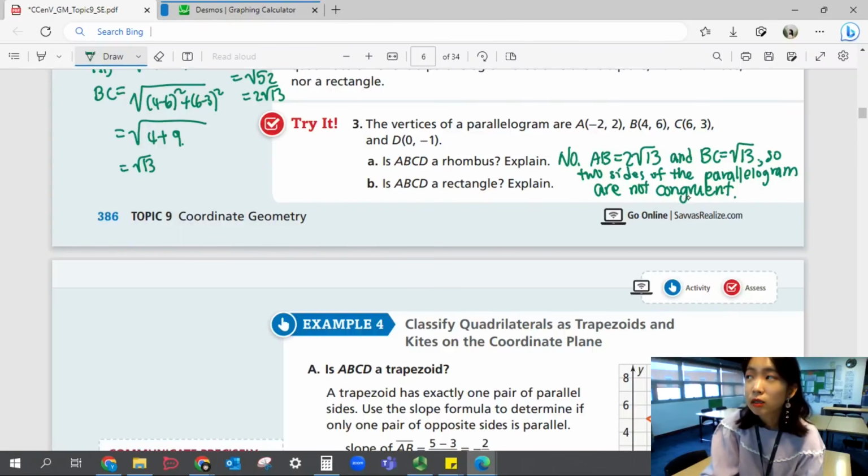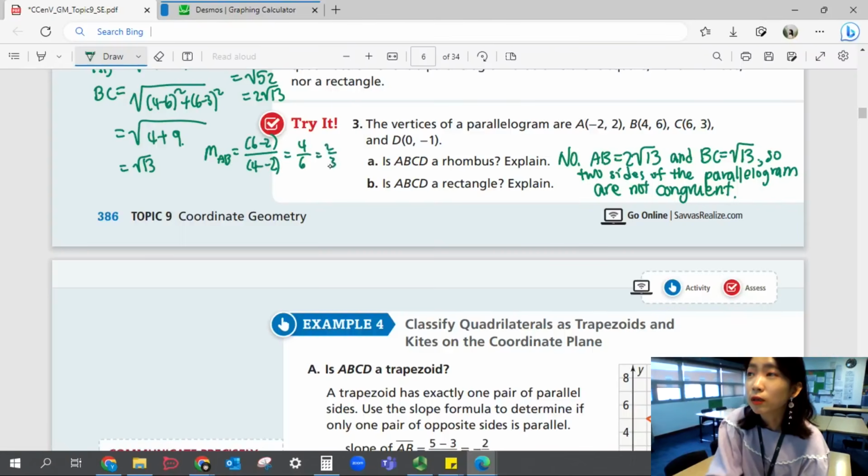Explain. So in order to see if they're a rectangle, you want to figure out some slopes, right? So let's figure out the slope of AB and BC as a representative. Slope of AB is going to be 6 minus 2 over 4 minus negative 2, which is 4 over 6.